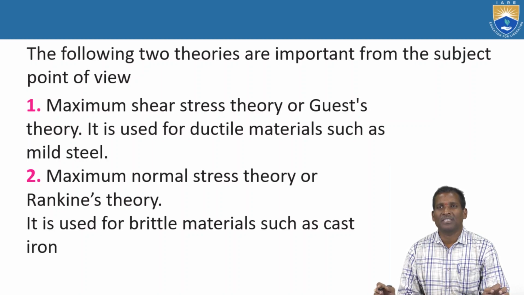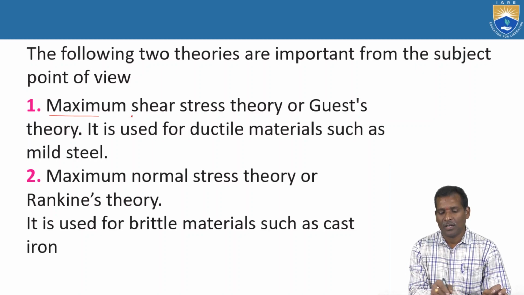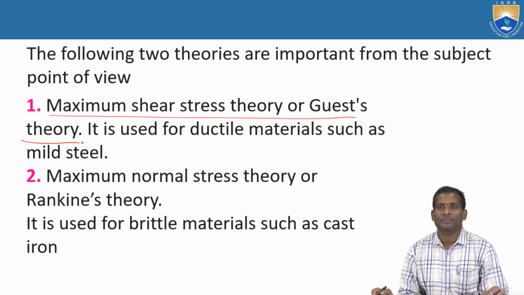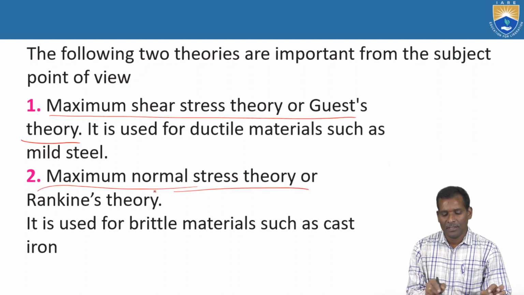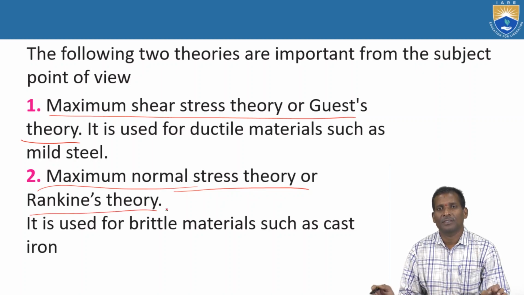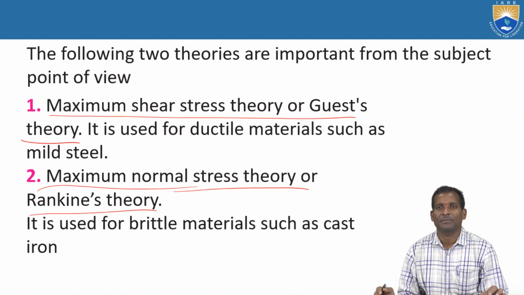Already you know the maximum shear stress theory is also called Guest's theory. This theory is used for ductile materials. What are the ductile materials? For example, mild steel. Maximum normal stress theory, Rankine's theory, is used for brittle materials. Example for brittle materials, cast iron. So apply these two theories and calculate the diameter of the shaft.